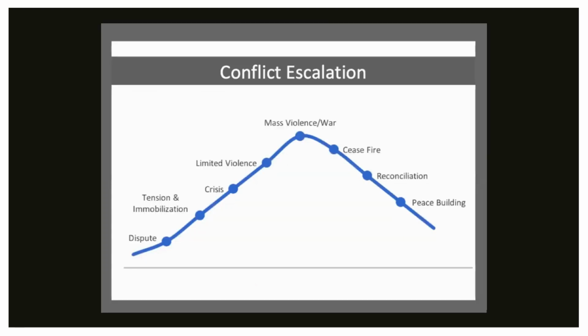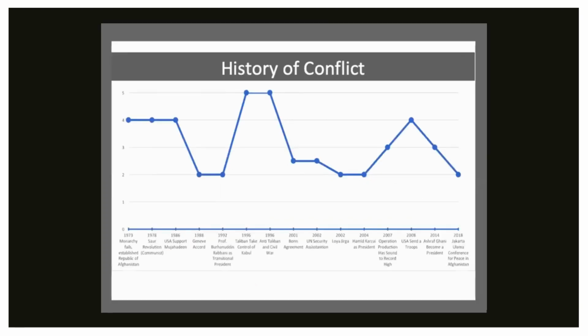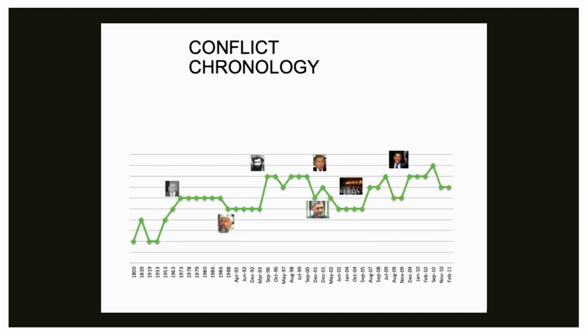We can see that it is the history, but I drew this story in 2018. Before that, when I started with the process of peace building in Afghanistan, I drew the story from 200 years of conflict in Afghanistan. It was very complicated at first.